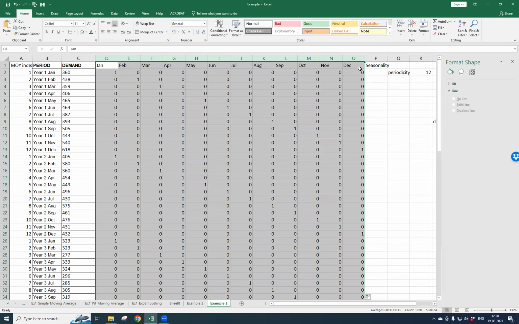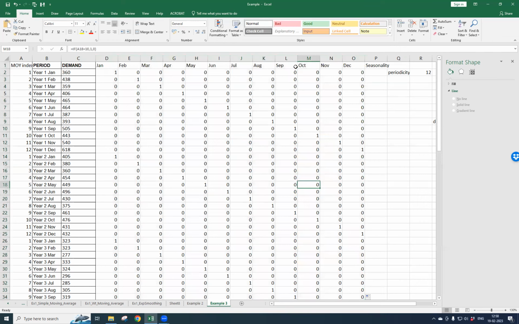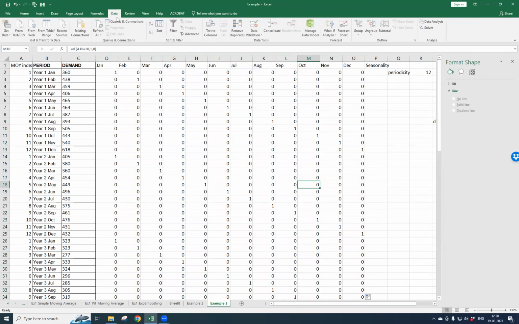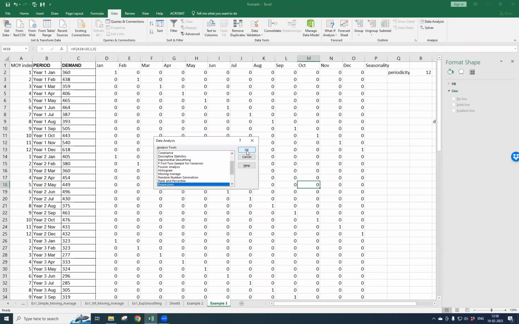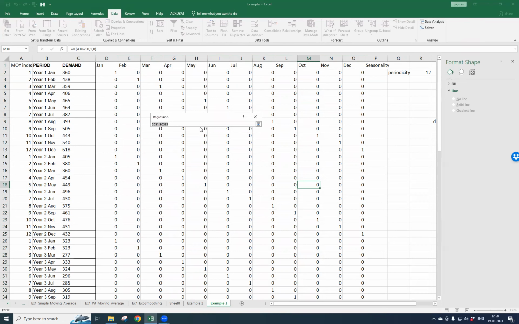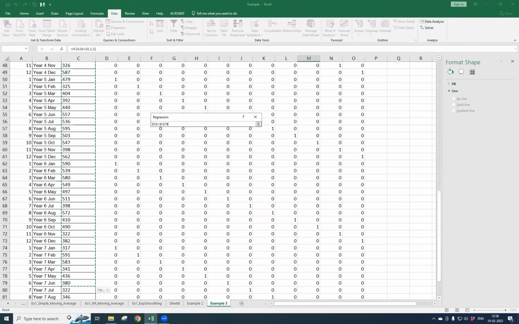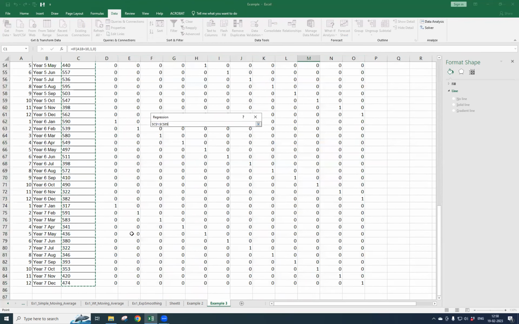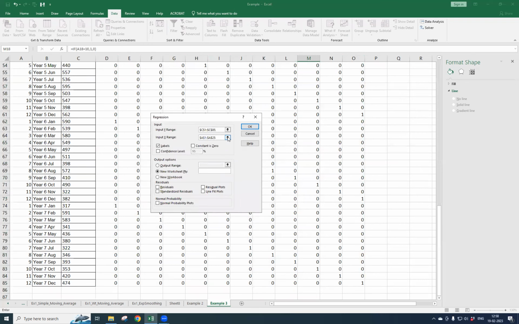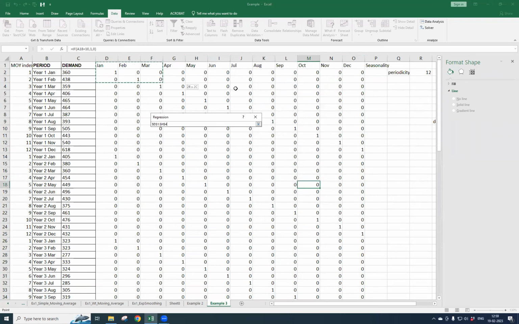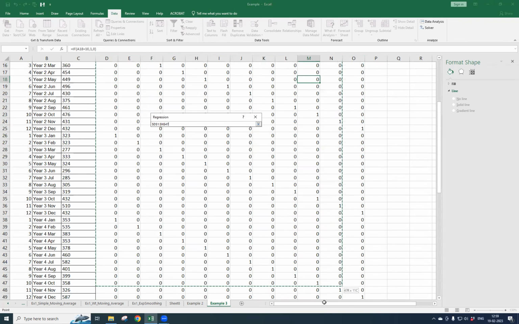Now, what will be the other quarter? How will I get that particular value? When I show you the output, you will understand that. So let's run the regression and try to understand the output. I'm going to select the regression. Here, demand is my dependent variable, and my independent variables, as I said, I have 12 variables but I'm going to select only 11.